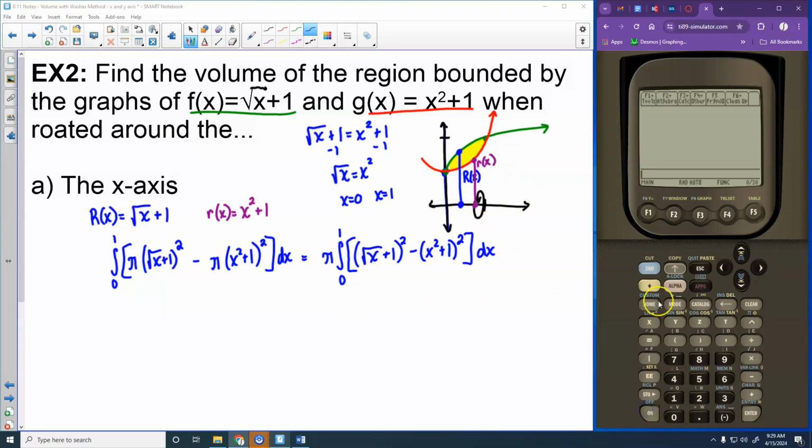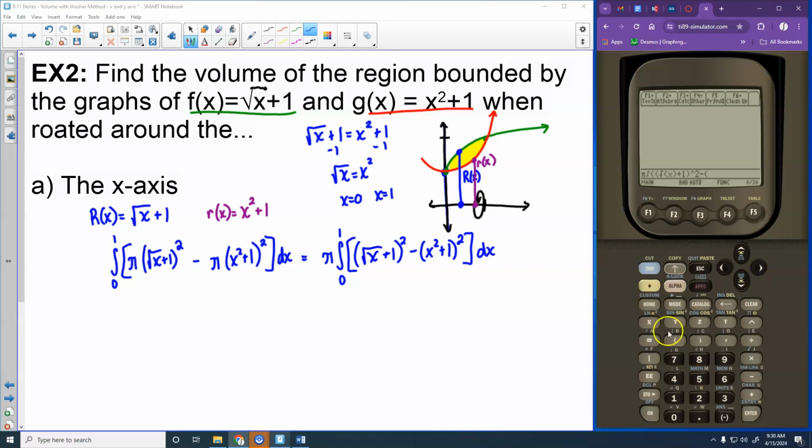So for this, I'm going to put a pi integral, and then I need to do square root of x plus 1 squared minus, oh wait, I messed that up because I did not close my square root parentheses. There we go.